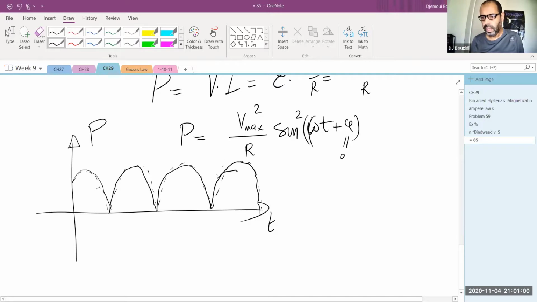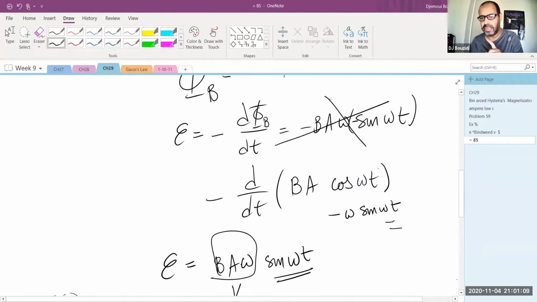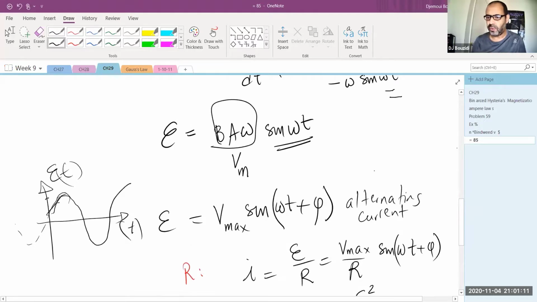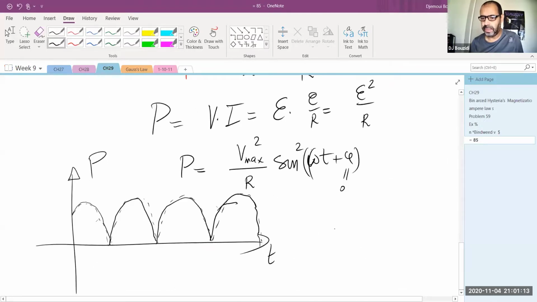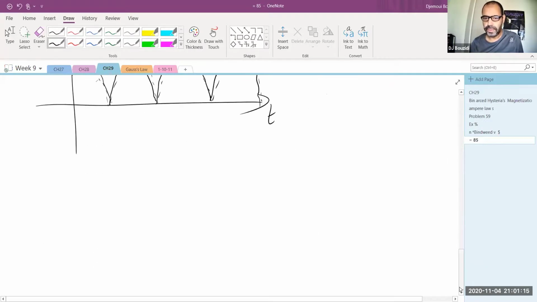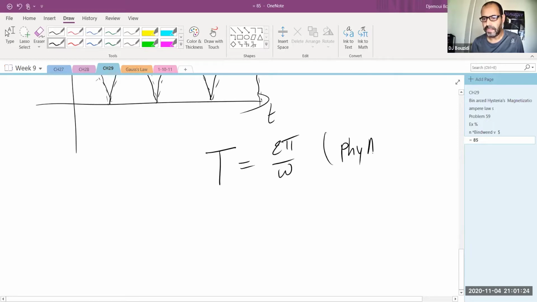Now I want to find the average power for every cycle. This is a periodic function, and the period of it is 2 pi over omega, if you remember from physics 4A. So I want to find the average power consumed in one period.